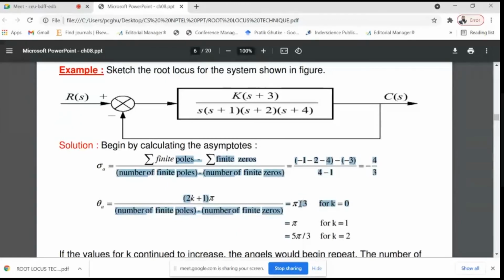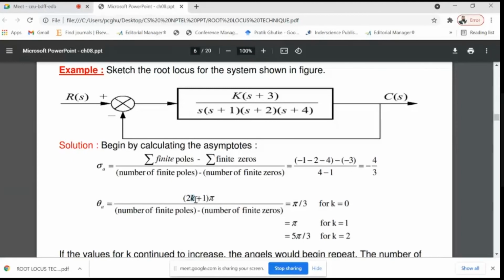This is your first angle of asymptote, pi by 3, which is 180 divided by 3. Then what will be my second angle of asymptote?